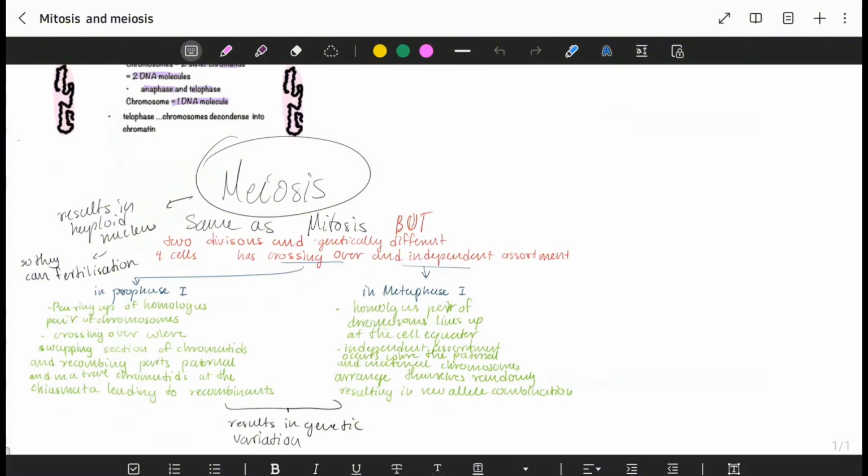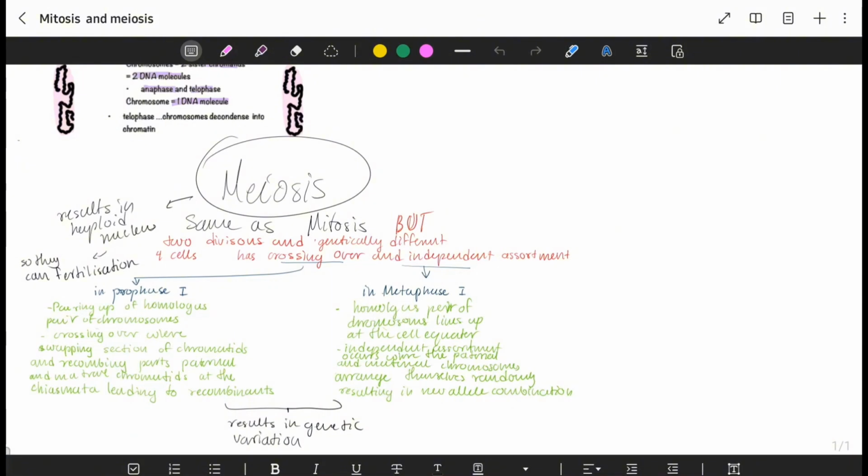Again, prophase 2, metaphase 2, anaphase 2, and telophase 2 will occur. The second ones are the same, but the first one has a slight difference. There will be two divisions and four genetically different cells. Crossing over and independent assortment are what create the genetic variation, and that occurs in meiosis.